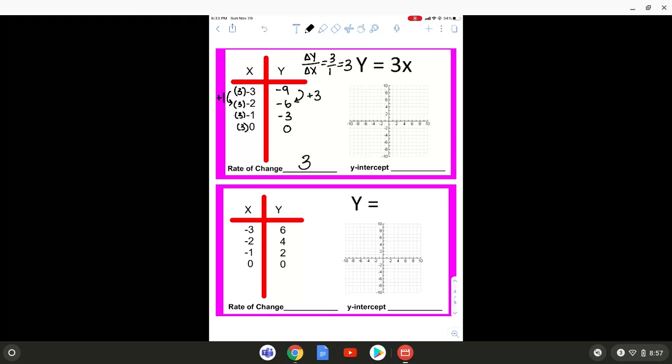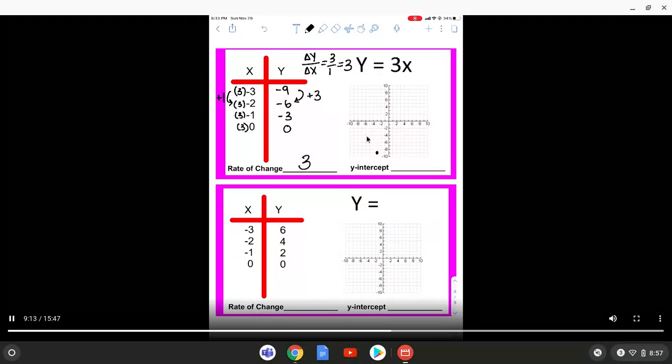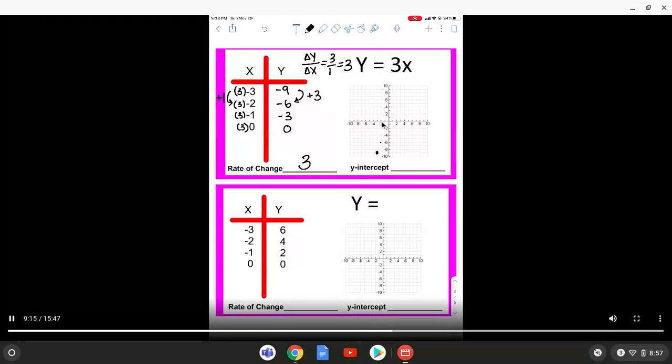Now I'm going to graph. So I'm going to find negative 3 on the graph and go down to negative 9. Then I'm going to find negative 2. I'm going to go to the left and find negative 2 right here. And then I'm going to go down to negative 6 right here. Then I'm going to go to negative 1 right here and down to negative 3.